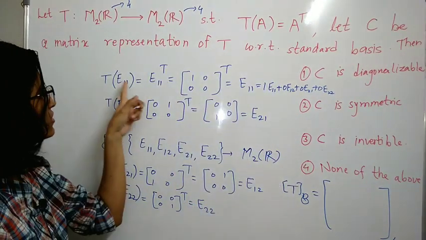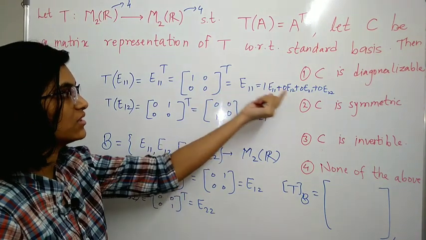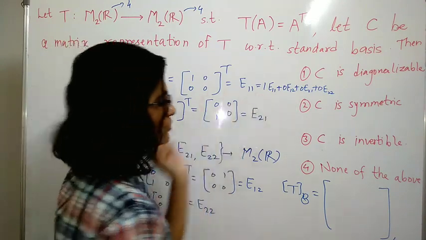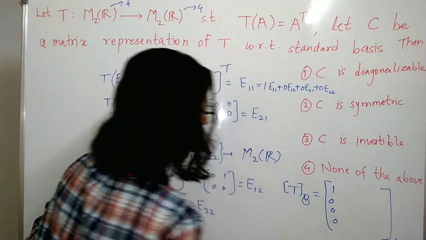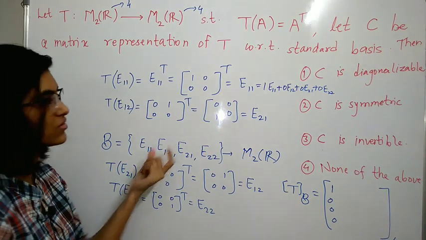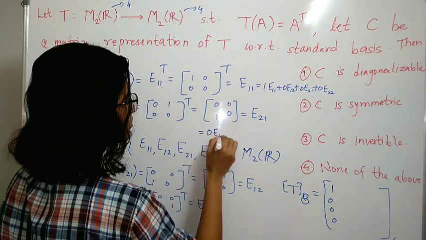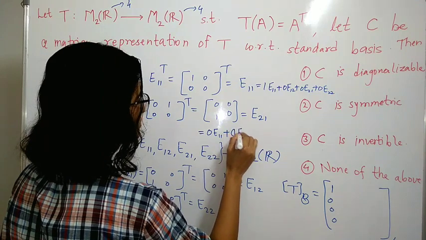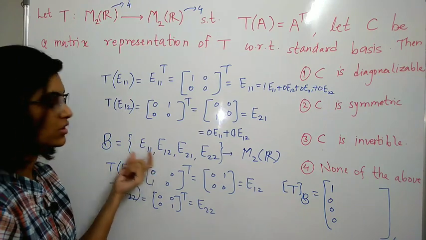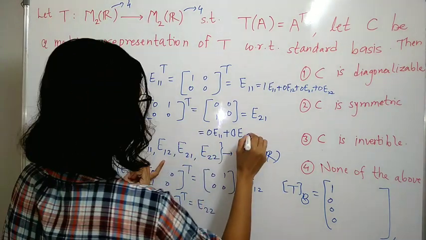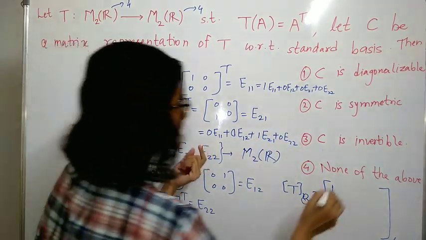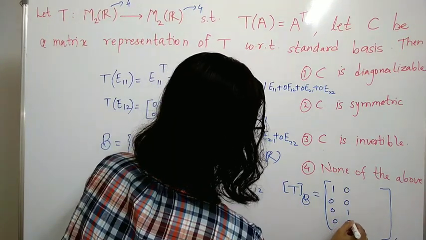The entries are obtained by expressing each vector as a linear combination of basis elements and writing the coefficients vertically. So the first column is 1 0 0 0. Similarly, write the next vector as 0 times E11 plus 0 times E12 plus 1 times E21 plus 0 times E22. The order must be E11, then E12, then E21 and E22. So the coefficients are 0, 0, 1, 0.